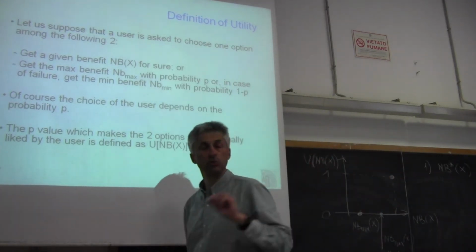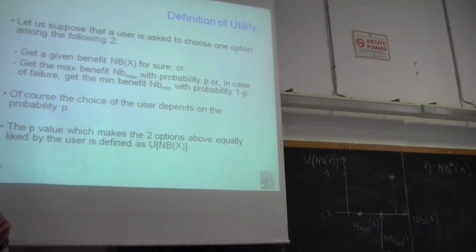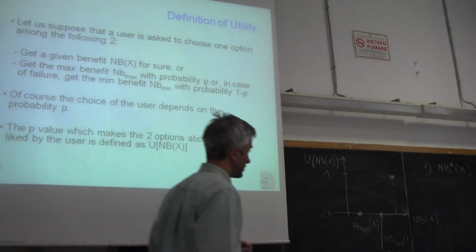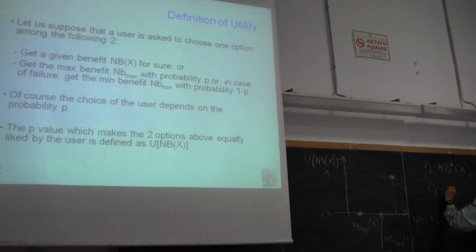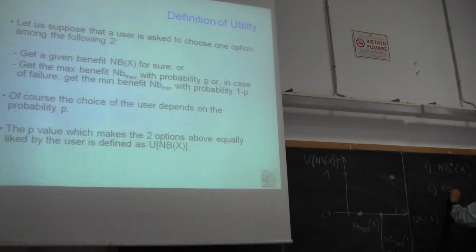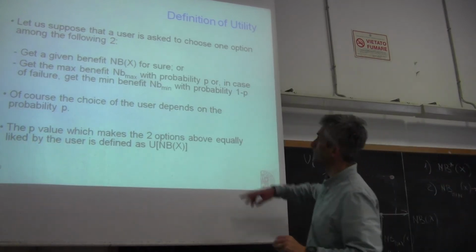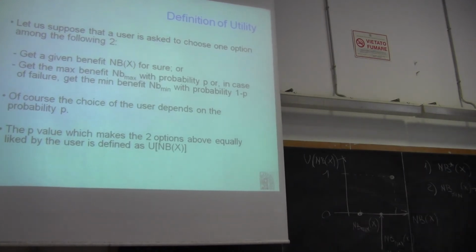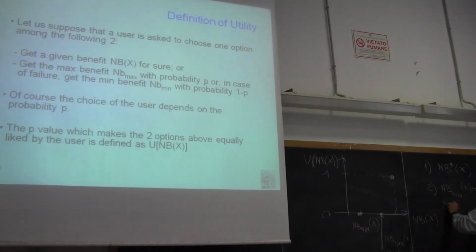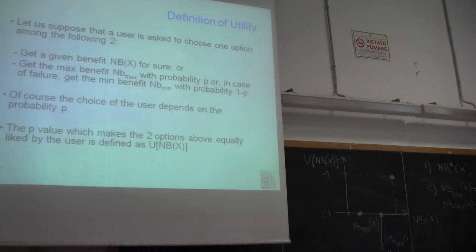This is not given for sure, because it's uncertain. So what is the alternative? The alternative is that we get MB minimum with a probability 1 minus p, and MB max x with the probability p.